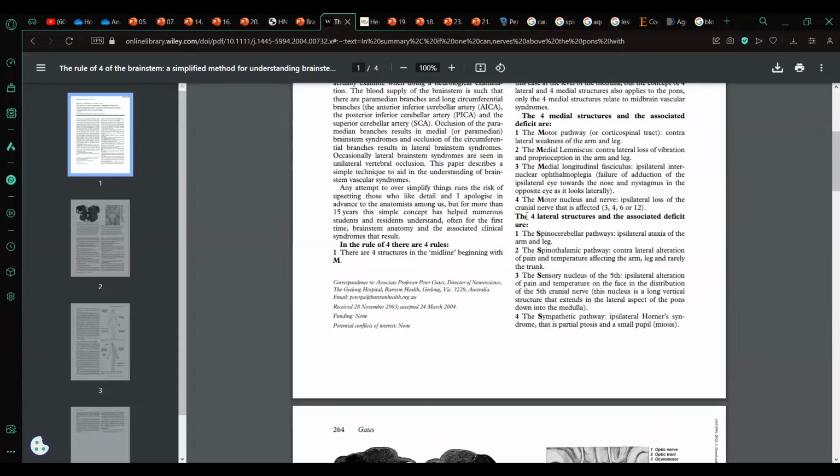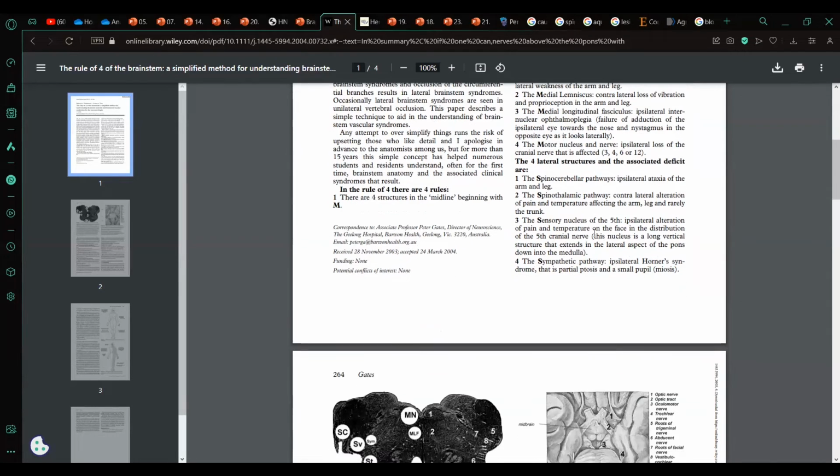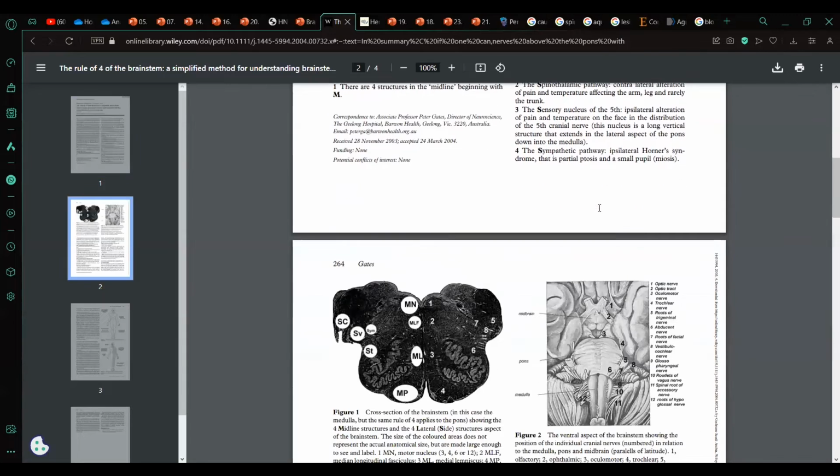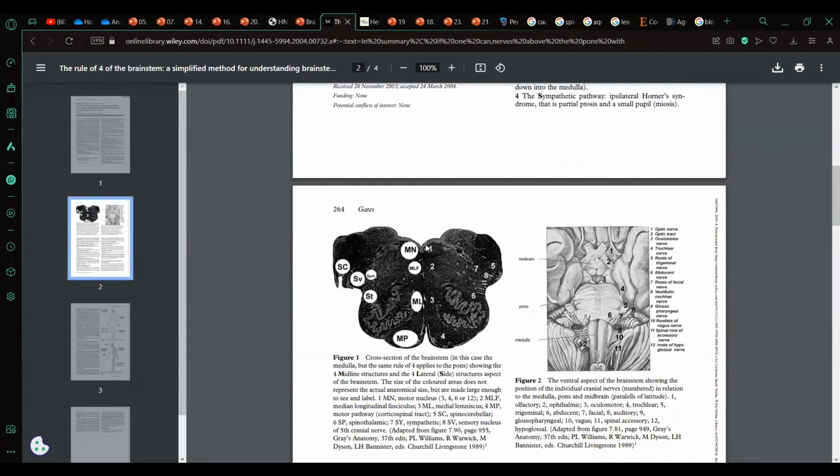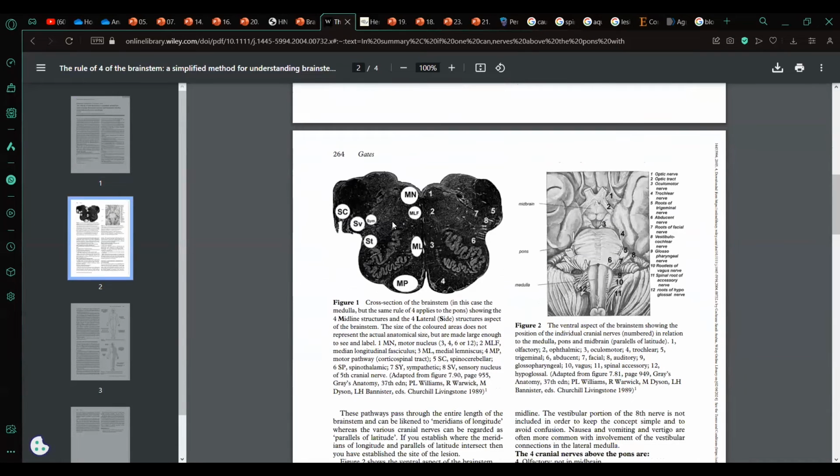All right. Then there are the 4 lateral structures, the side structures, so they begin with S: spinocerebellar pathway, spinothalamic pathway, the sensory nucleus of the 5th cranial nerve, and the sympathetic pathway. Okay? And so here's a diagram that will show you these are your medial structures, and these are the lateral structures. Okay?